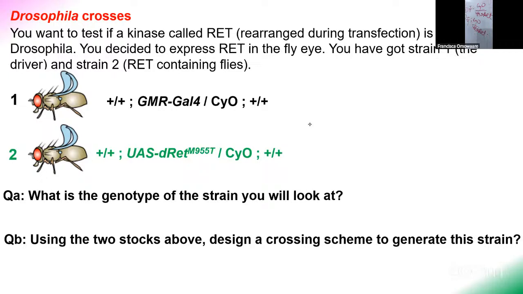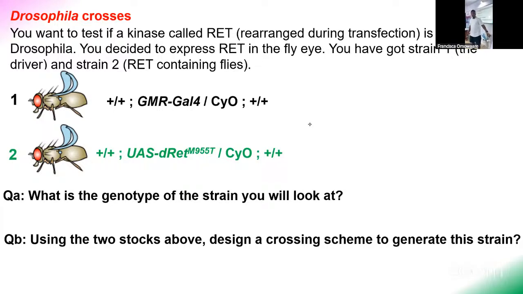Although you set up a cross to look at one genotype, you can see that you've got multiple genotypes. Because of the way you set up the cross, anything that has a balancer, you're not interested in.